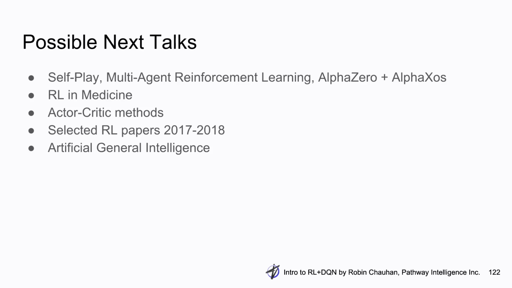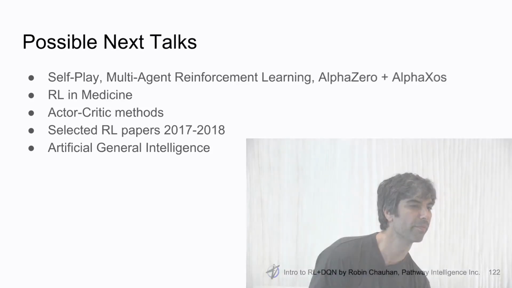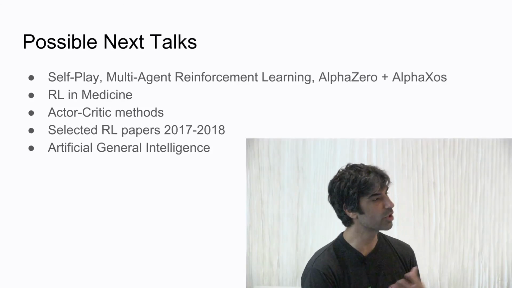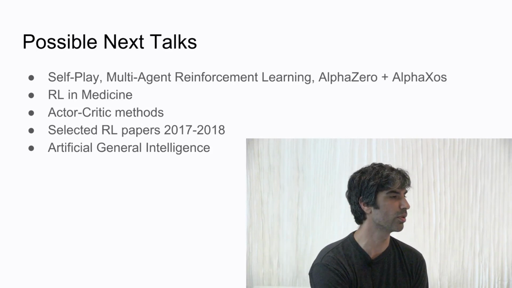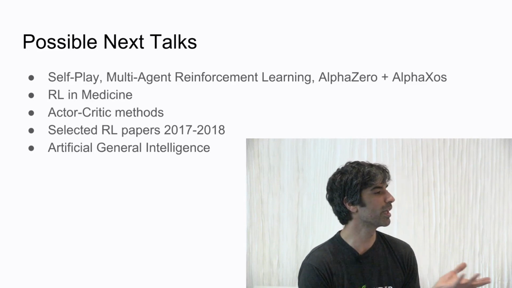So I made a system that I call AlphaZos, which I showed you some screenshots of, that's using self-play to learn simpler games that we can discuss and reason about. Actually, it can be extended to all sorts of games. It won't be as efficient as AlphaZero, for sure, but it's using deep reinforcement learning to play games with self-play. So I wanted to learn about multi-agent situations, and so that talk would be about those, and also AlphaZero, like how does that work? Okay, with the next one, reinforcement learning in medicine.